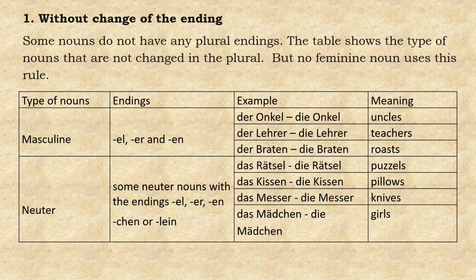Some neuter nouns with the endings el, er, en, chen or lein. For example, das Rätsel, die Rätsel, das Kissen, die Kissen, das Messer, die Messer, das Mädchen, die Mädchen.